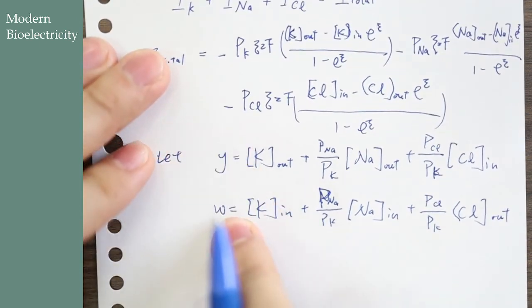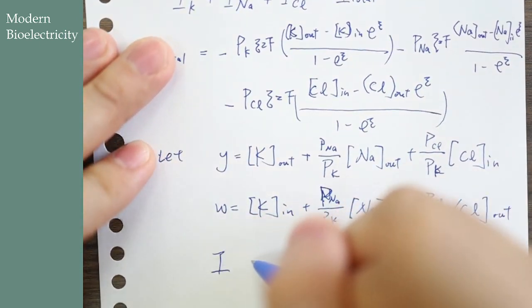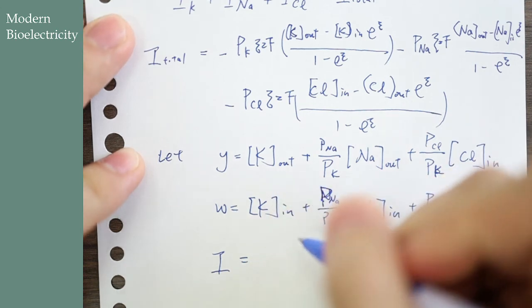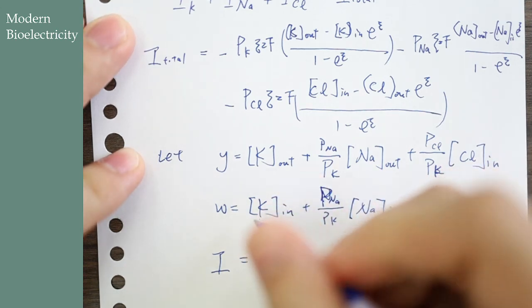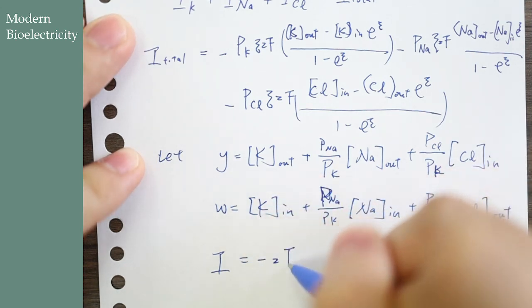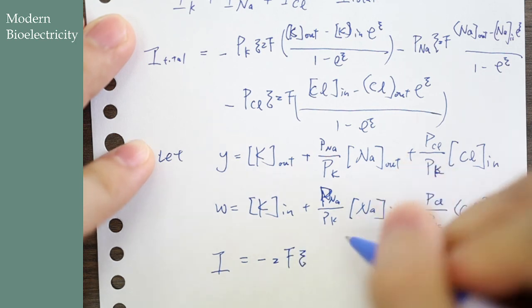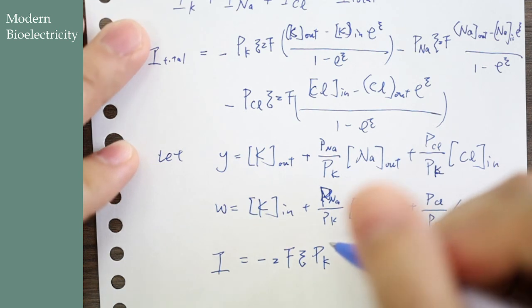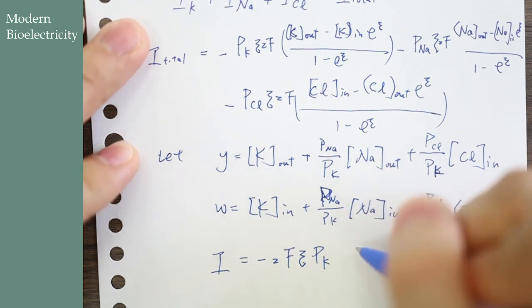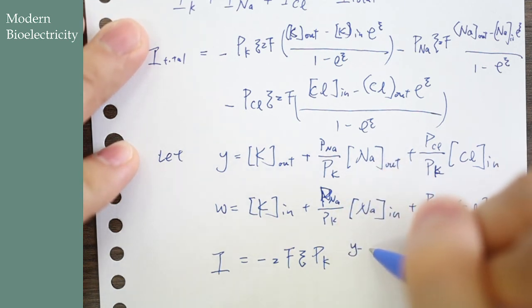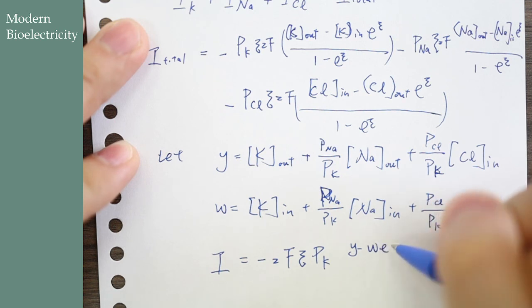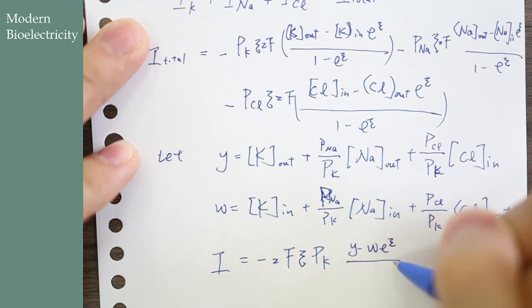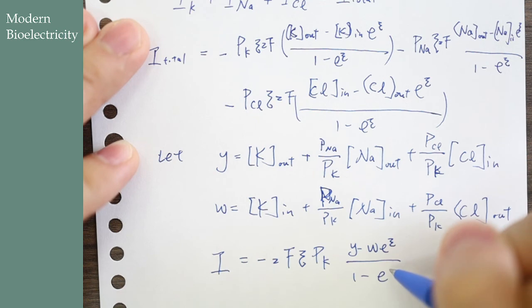So with these two, we can have I is equal to minus ZF C with PK, the permeability of potassium, with Y minus WEC divided by 1 minus EC.